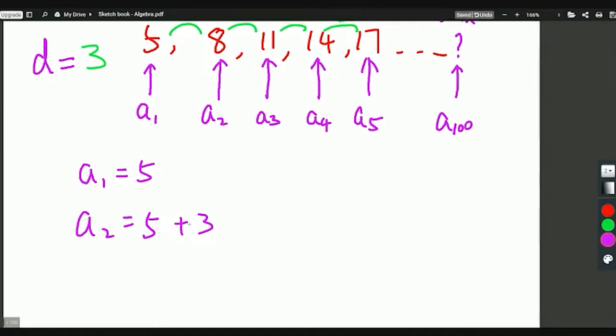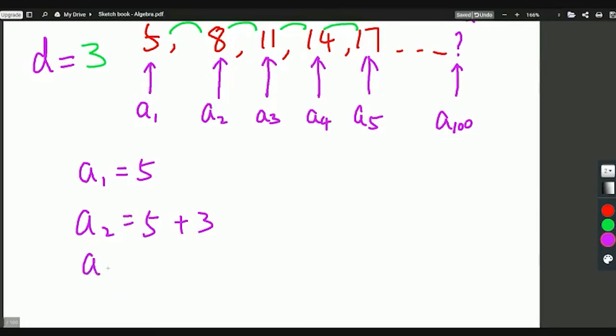It adds 3. And the third term, I say it's 5, and this is 11. So it's 5 plus 3 and plus 3. So I'm going to write it as 5 plus 2 times 3, because it starts from 5 and then adds 3 twice.